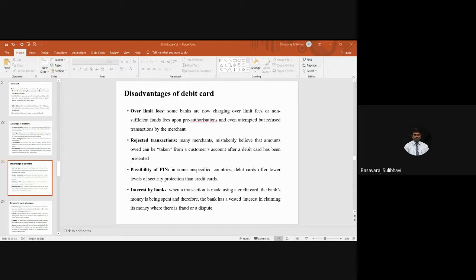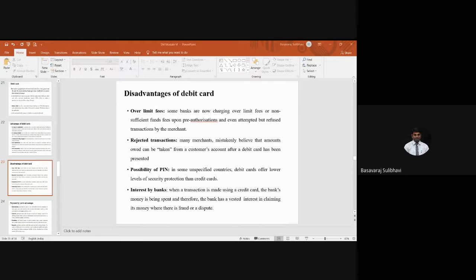And we have rejected transactions. Say, for example, a merchant mistakenly believes that the amount owed can be taken from a consumer's account after a debit card has been presented. It can happen sometimes if you don't see how much amount has been typed in the machine which they use to get the money transferred by the buyers.